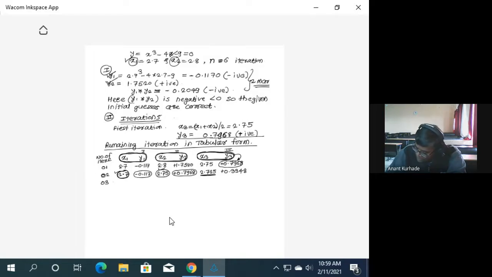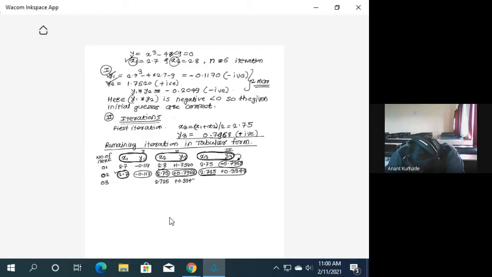It is plus, which means we are replacing plus with plus. So shift this whole pair, x3 y3, with x2 y2. Again write down here: x2 is 2.725 and plus 0.3348.